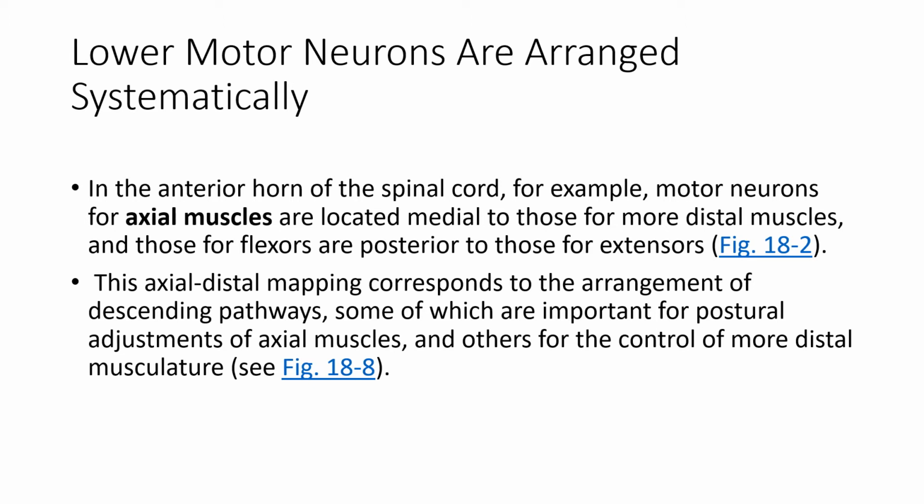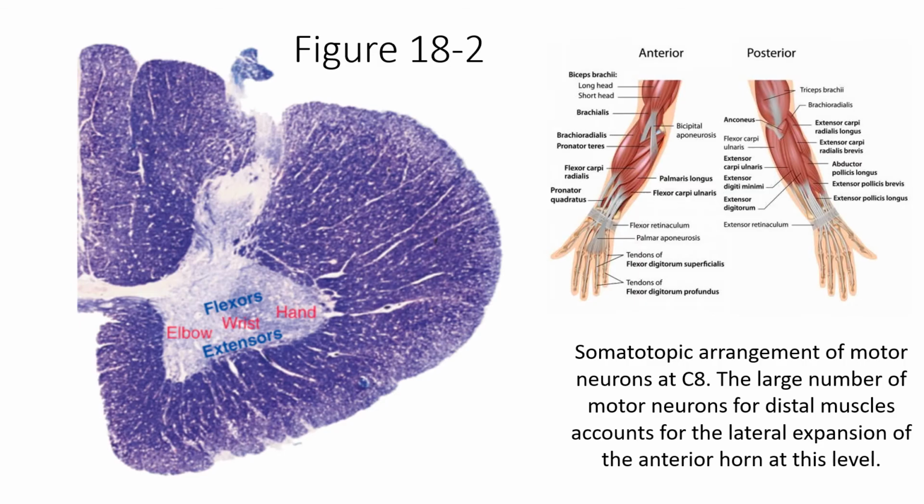We looked at this when we looked at Rexed laminae as well. Motor neurons for axial muscles are located medial to those for more distal muscles, and those for flexors are posterior to those for extensors. So flexors posterior, extensors anterior. This axial-distal mapping corresponds to the arrangement of descending pathways, some of which are important for postural adjustments of axial muscles and others for the control of more distal musculature.